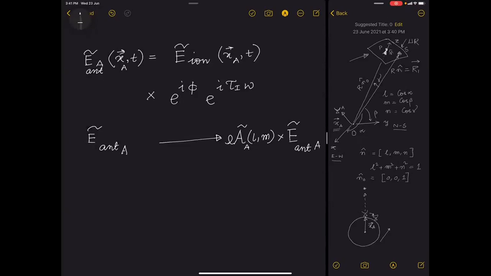So let me correct myself a little bit here. It's not wrong, but this is different at different n, and the signal is also different at different n, obviously. So this is after the antenna.